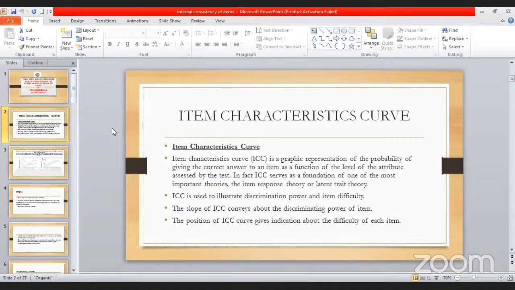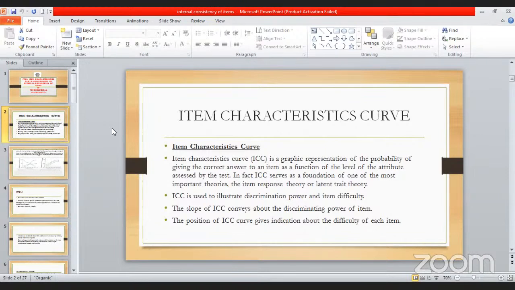The item characteristics curve is a graphic representation of the probability of giving the correct answer to an item as a function of the level of the attribute assessed by the test. In fact, ICC serves as a foundation of one of the most important theories, the item response theory or latent trait theory. It is a model that aims to look beyond the test.